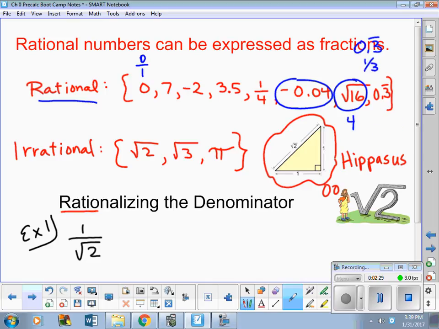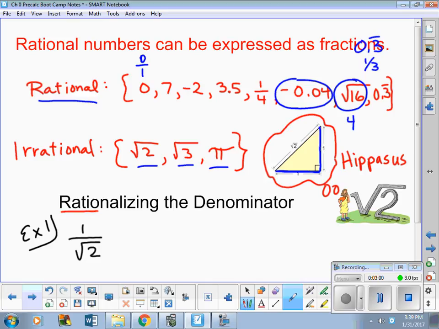Now, Hippasus, or I believe it's pronounced Hippasus, was one of Pythagoras' followers. He was a Pythagorean, and he is sort of credited with discovering irrational numbers. Examples of irrational numbers: square root of 2, square root of 3, and even numbers like pi, numbers that cannot be expressed as fractions. A real simple way of thinking about it is you take a triangle, one side of the triangle is equal to 1 length.